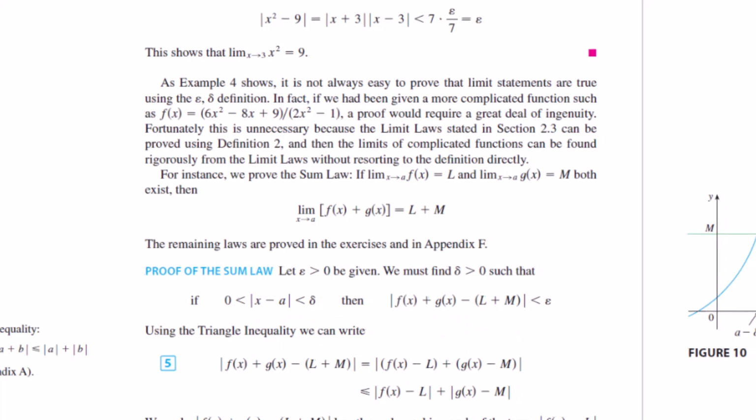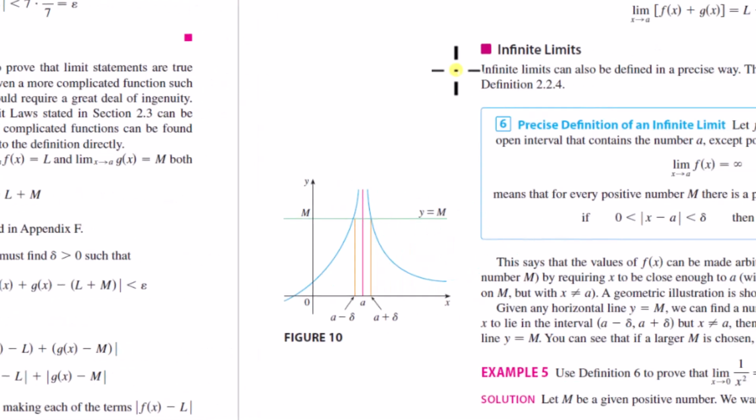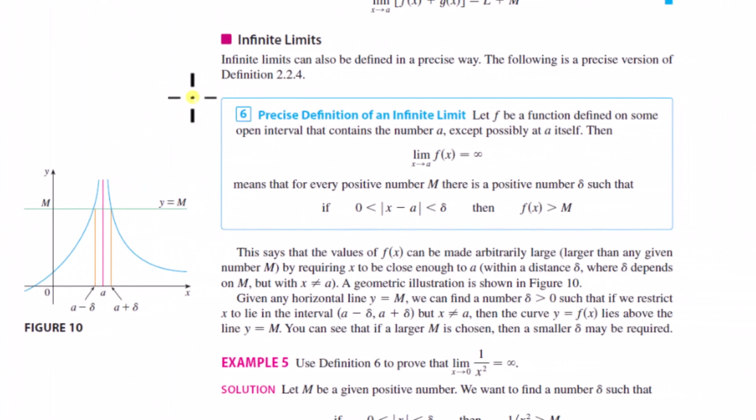All right, now we can also think about the precise definition of infinite limits, which remember is a limit that goes to infinity. The limit as x approaches a of a function being equal to positive or negative infinity is an infinite limit. So once again, you've got a function f defined on some open interval that contains the number a, except possibly at a itself.